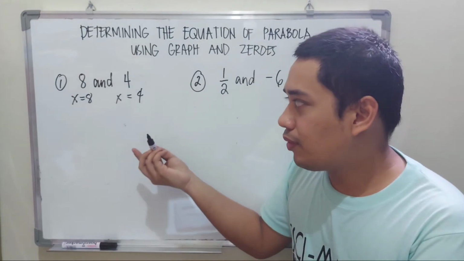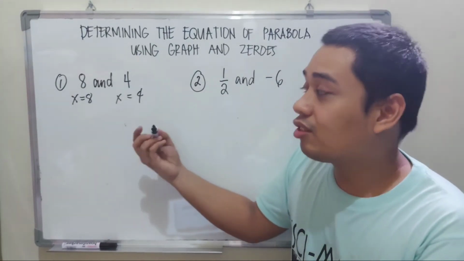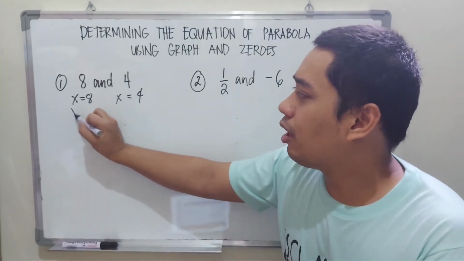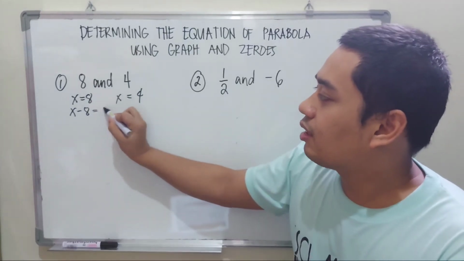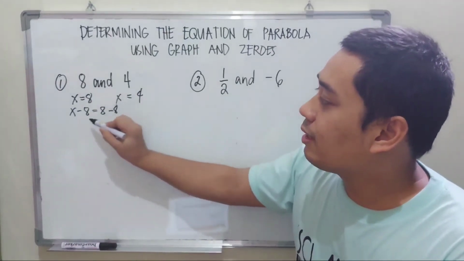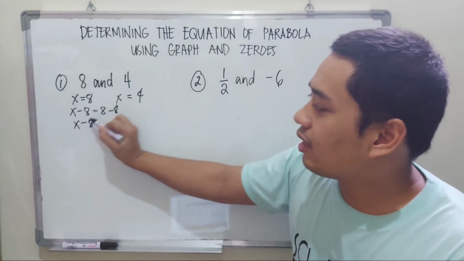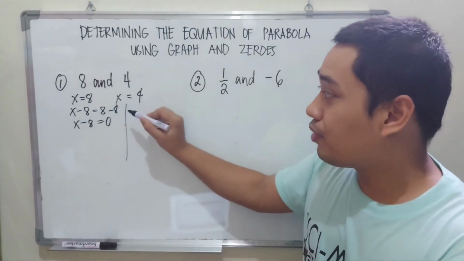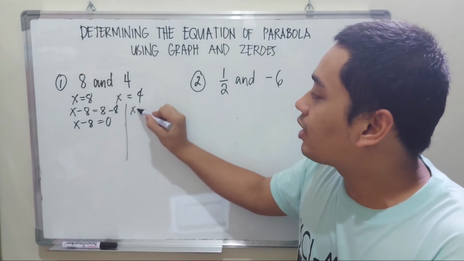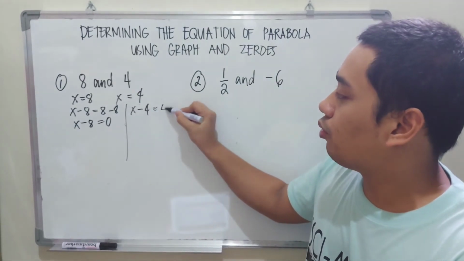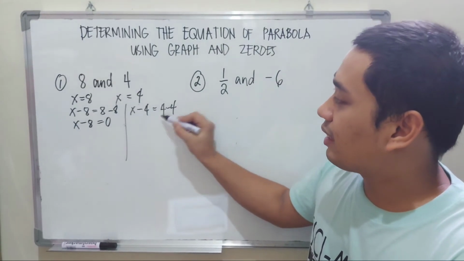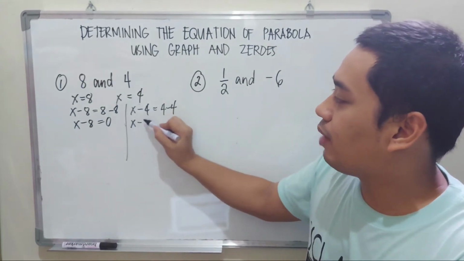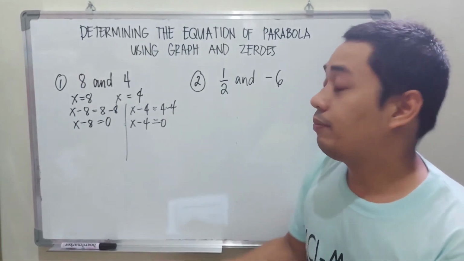Adding the additive inverse and bringing the constant to the left side, this will become x minus 8 is equal to 8 minus 8. Then x minus 8 is equal to 0. Similarly, we will be adding the additive inverse of 4. So x minus 4 is equal to 4 minus 4. Cancel this out. We have x minus 4 is equal to 0.